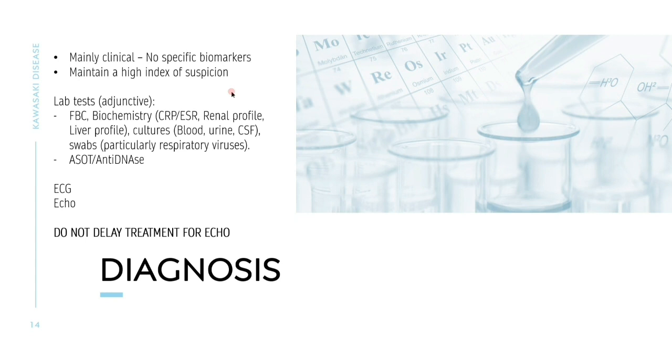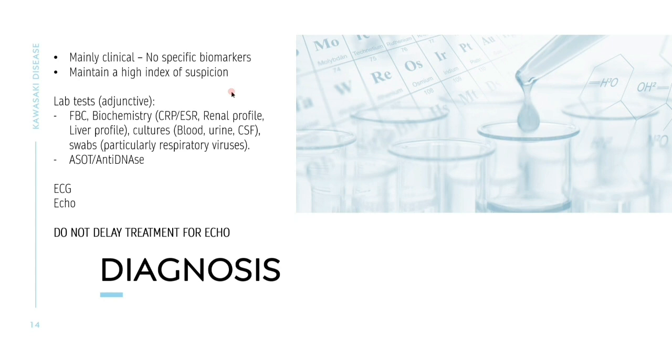The CRPs will be elevated. Renal profile and liver profile, in case of other system involvement. Blood cultures as well, the usual septic workup, your viral swabs, and of course the throat swabs for strep infection, which also can coexist with Kawasaki or even precipitate it.